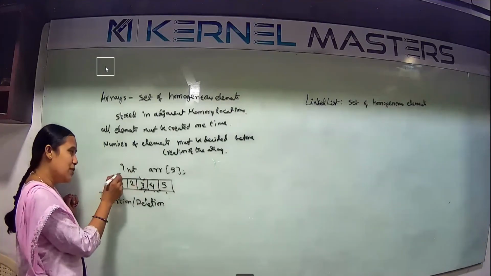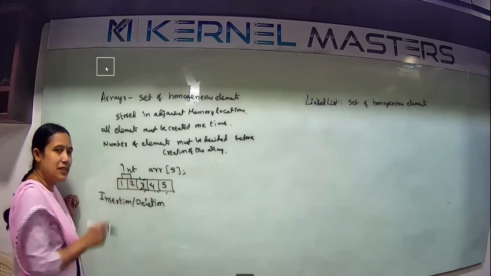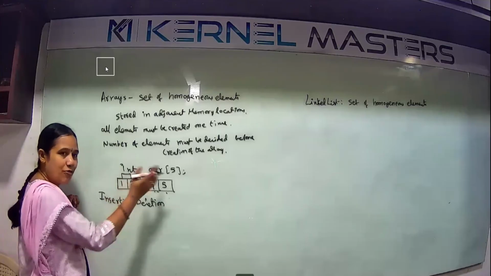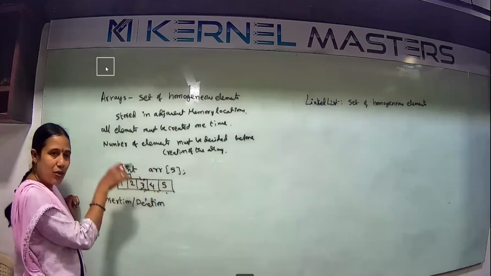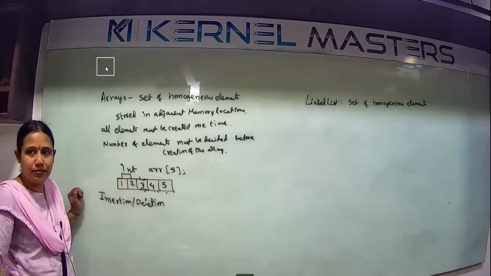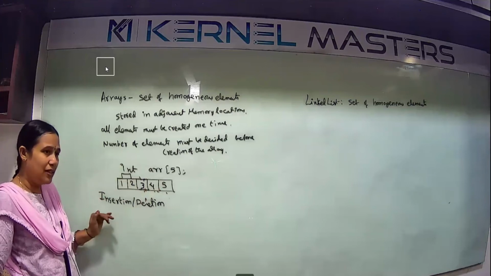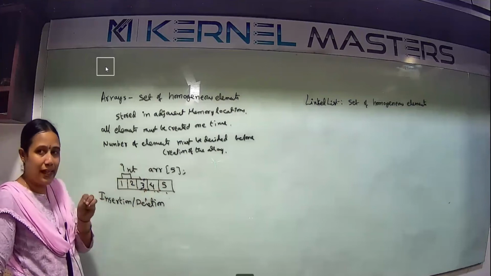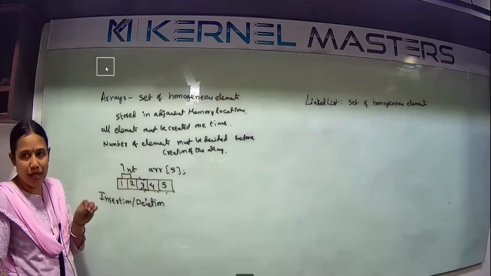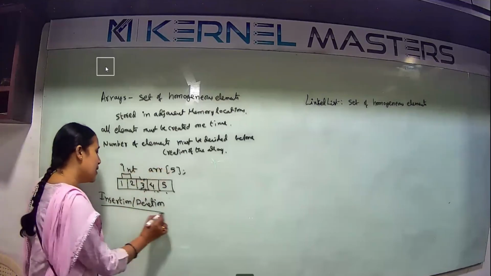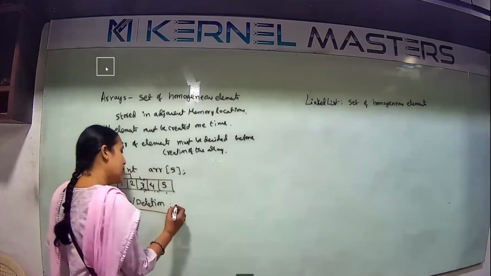You can't actually bring a new element and insert. You can only create a hole by shifting the data, and then in that hole you can insert new data. Anything you have to do in an array, you can do with the data only, not with the memory location, because the memory location is fixed already. So insertion or deletion requires extra programming.